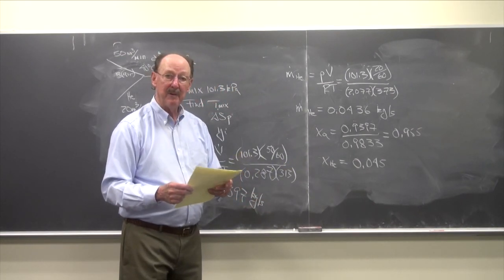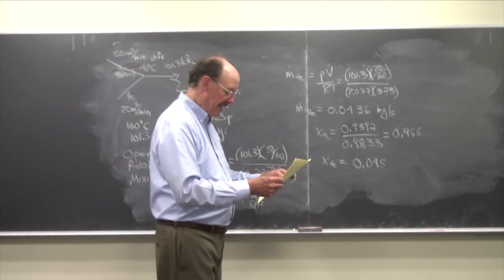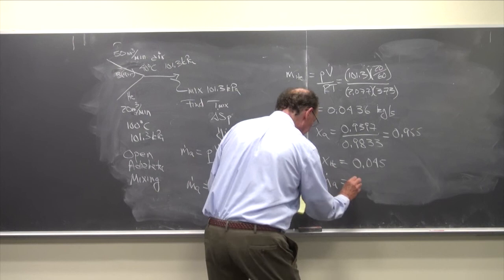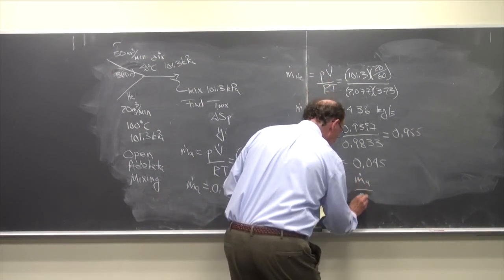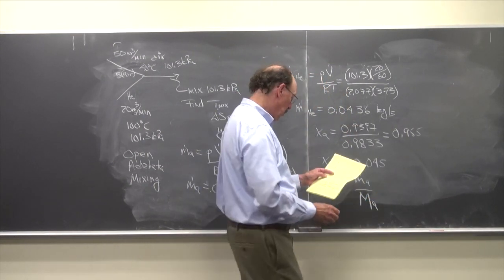Now I need to switch to the mole basis, so I can find the mole flow rate of the air, which is equal to the mass flow rate of the air divided by the molecular weight of the air. So I'm putting it on a mole basis.